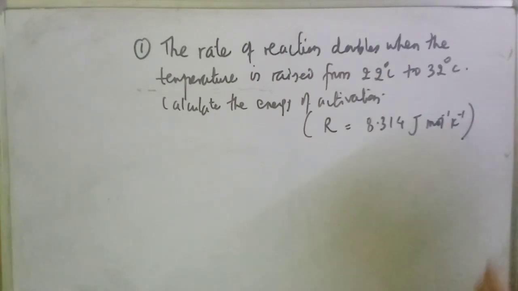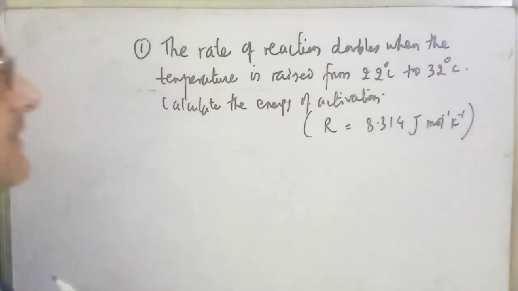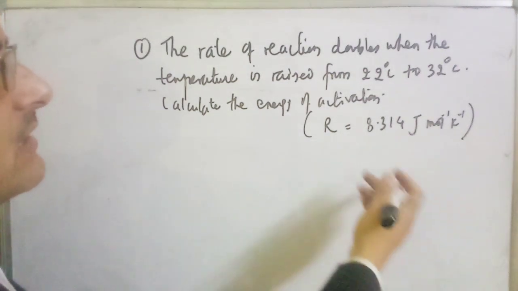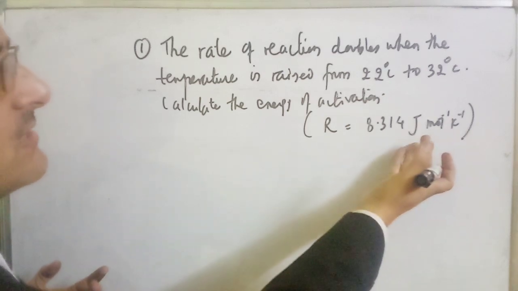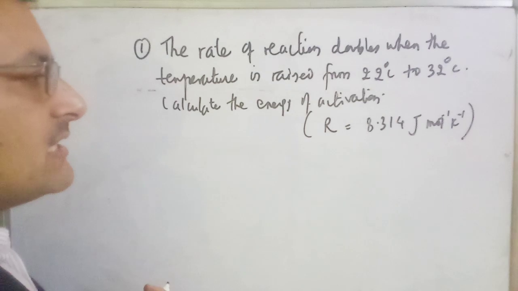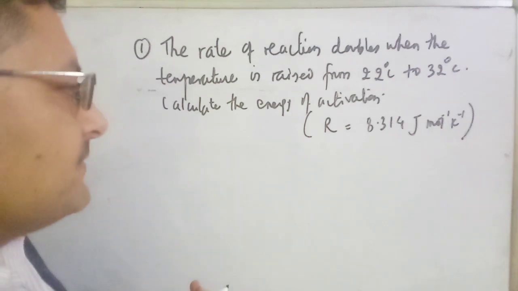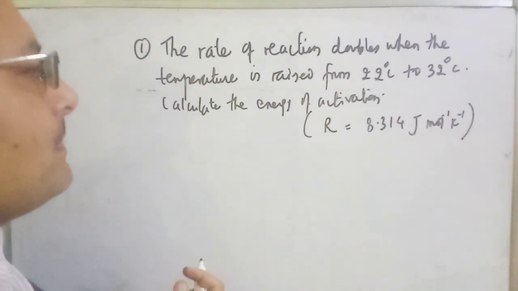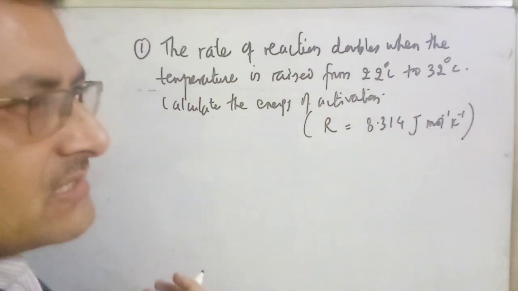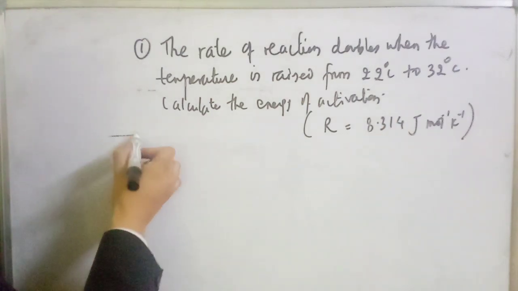Friends, this is the given question. How do we calculate energy of activation? It depends upon the unit of R, whether R is provided in joule or calorie. If R is provided in calorie, then you can get the energy of activation in calorie form. Otherwise, you can get it in joule form. Here we have been provided the joule value, so you get energy of activation in joule. So let us see how we solve it.